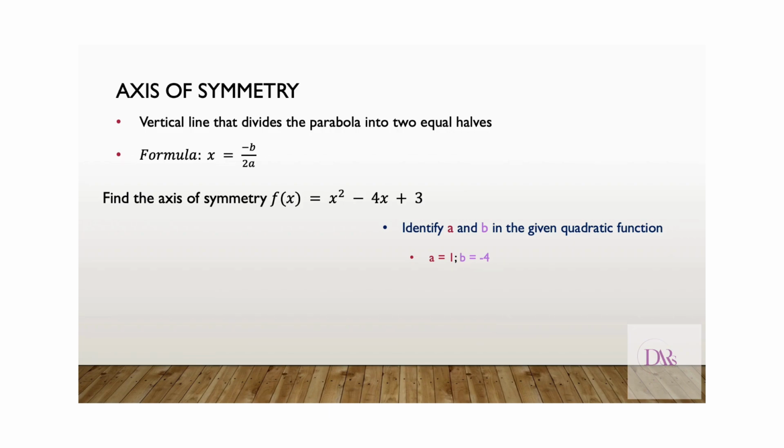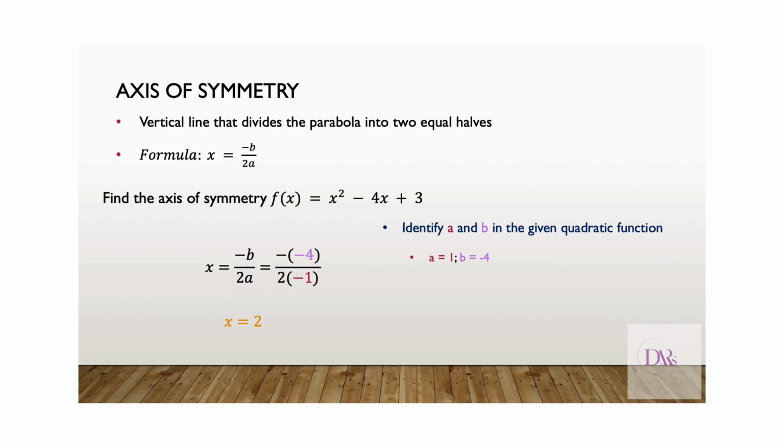Now we're going to take these values and substitute them into the given formula. Notice I use the same colors for identifying a and b within the formula. So now we have opposite of -4 divided by 2 times 1. When we simplify it, we get x equals 2.